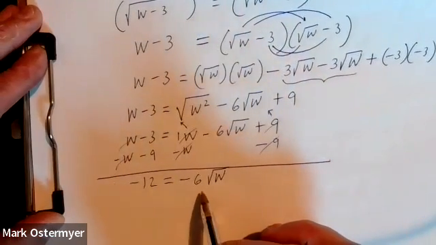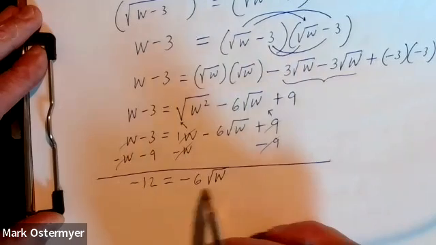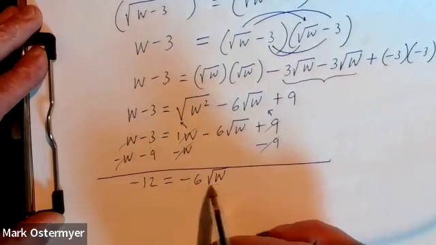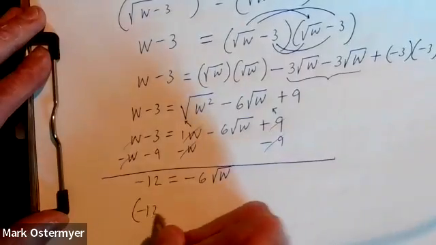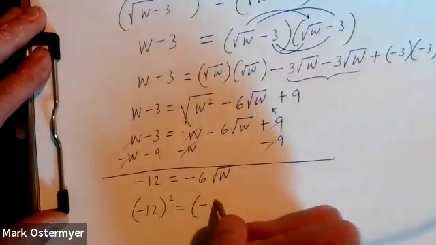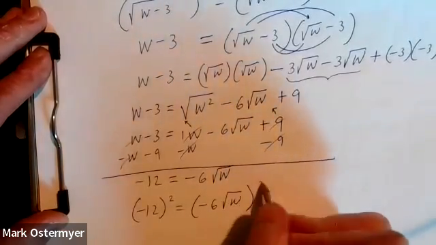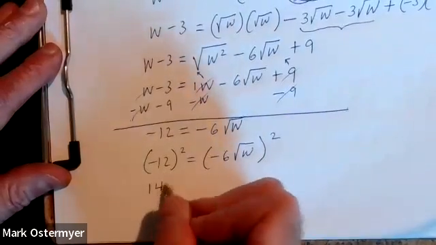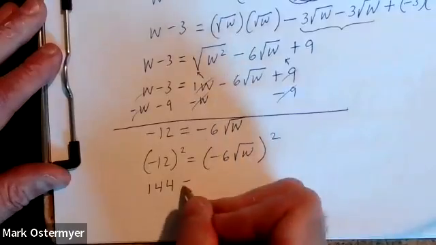Now, what I can do is square both sides of my equation to get rid of this remaining square root here. So I will square the left side and square the right side of this equation. The left side becomes just positive 144, negative 12 times negative 12.